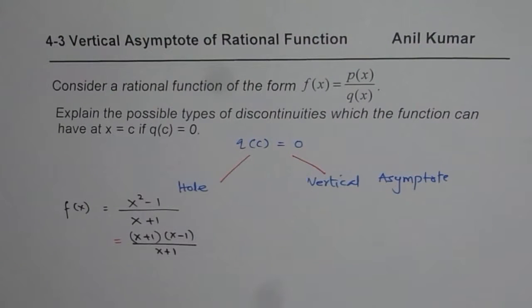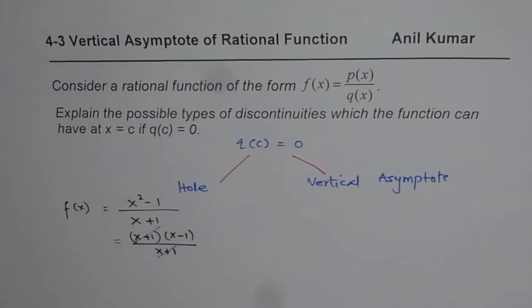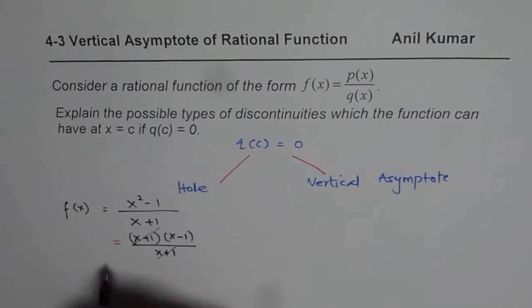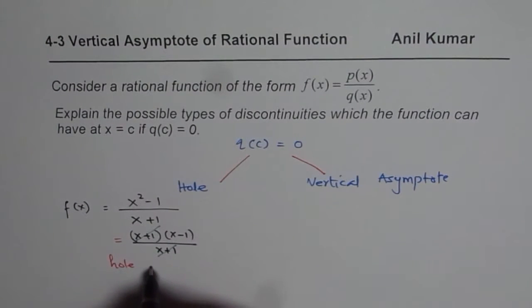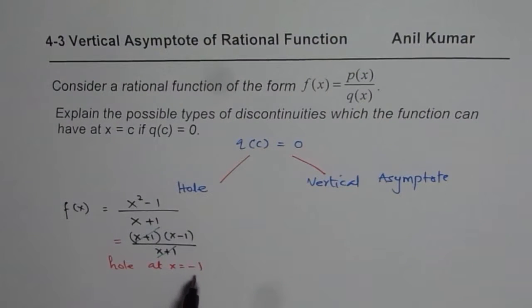Now, as you can see, x plus 1 cancels out. So what we have here is a hole at x = -1. We do not have any vertical asymptote. You get the idea? The numerator was 0 for x = -1, but it resulted in a hole.